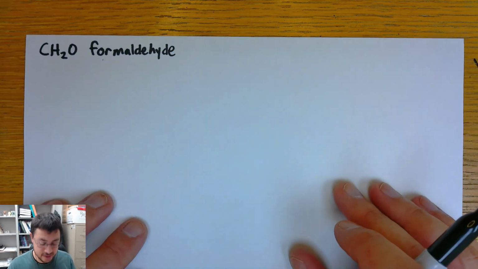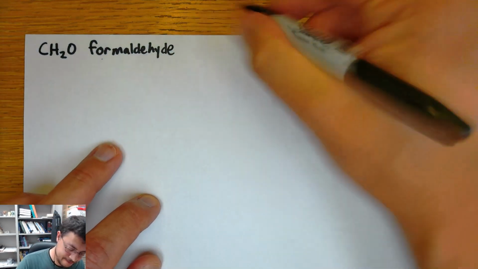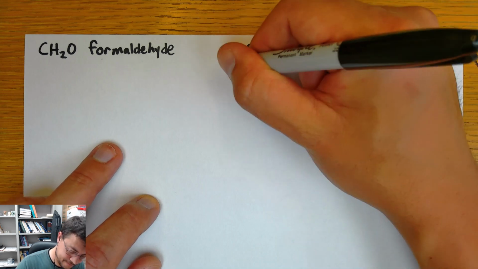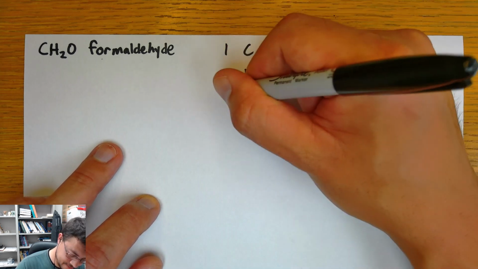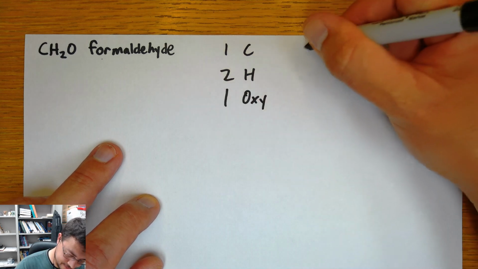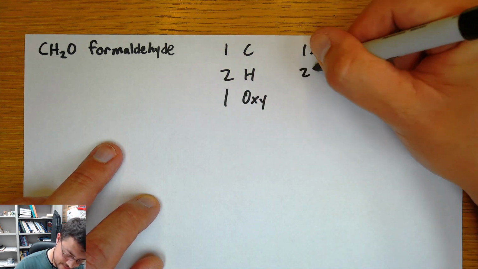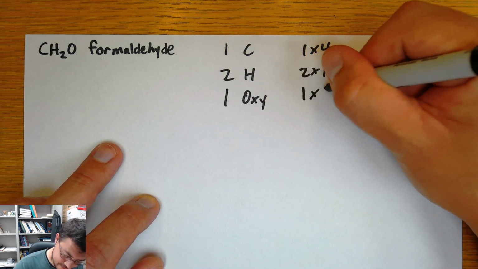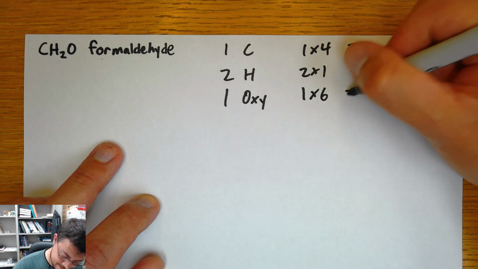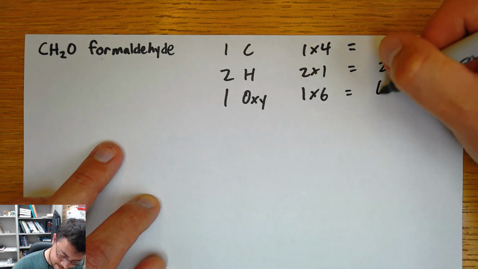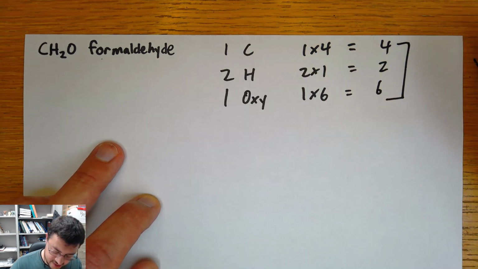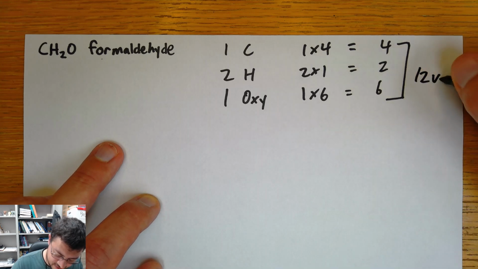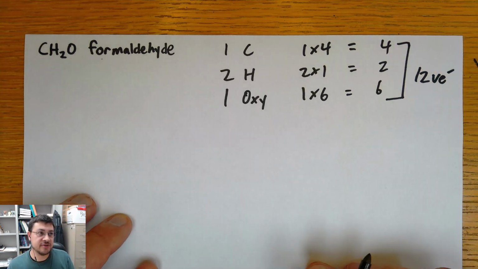All right, let's keep it going. We got formaldehyde next. 4, 2, and 6. And that's going to make 12 valence electrons.